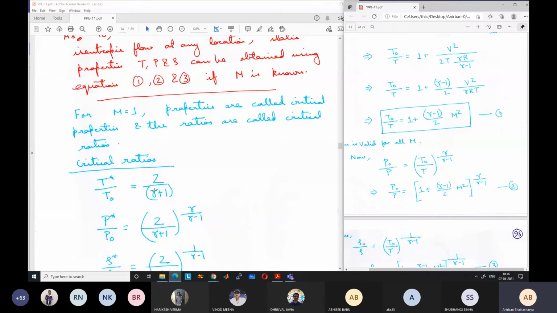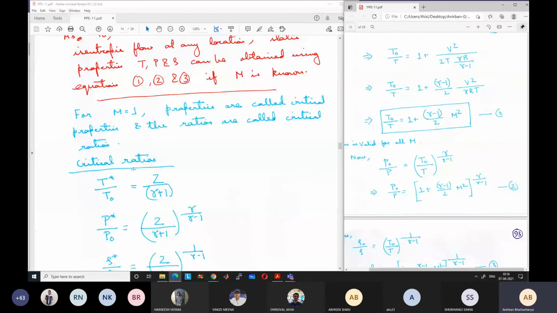T star by T0 has to be equal to 2 by gamma plus 1. It cannot be anything else. Similarly, this second equation is even more important, and I will come to its importance. P star by P0 is equal to T star by T0 to the power gamma by gamma minus 1, like this.